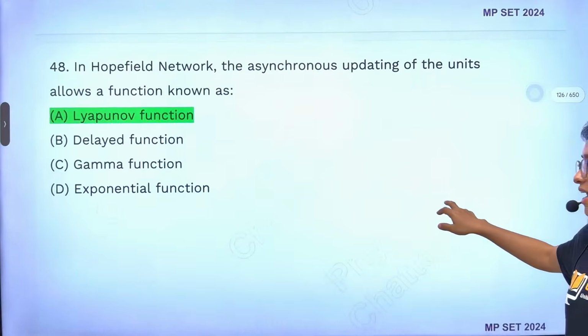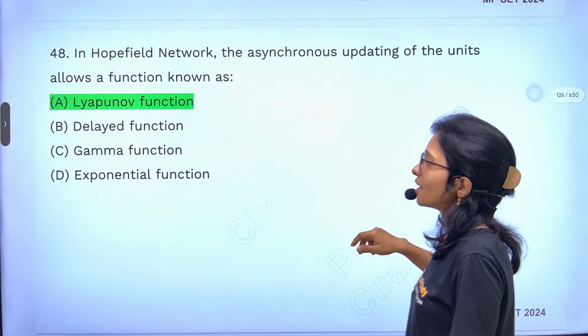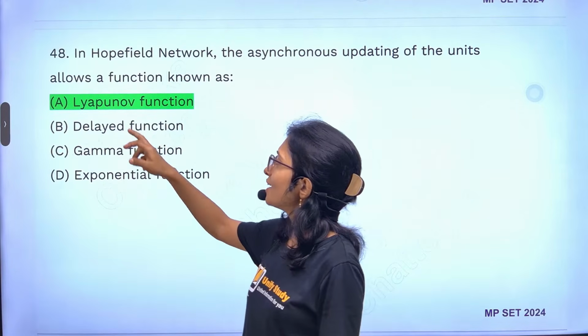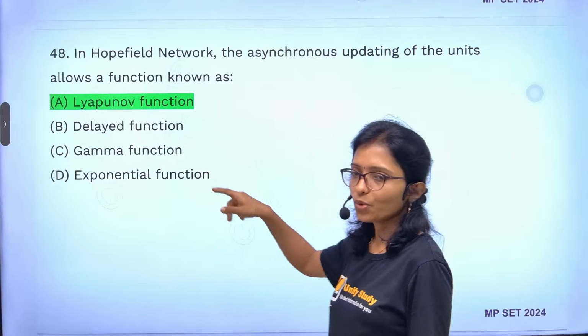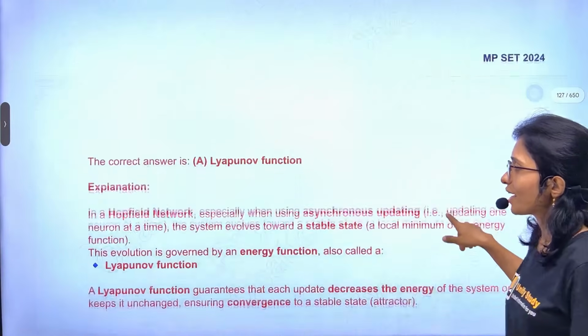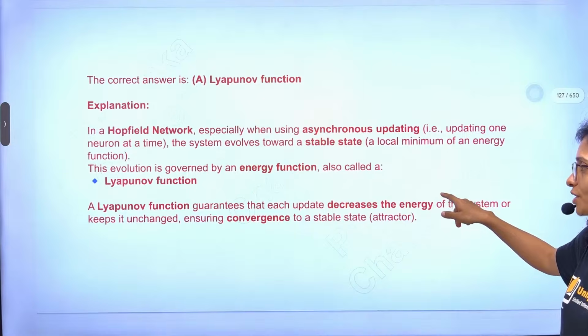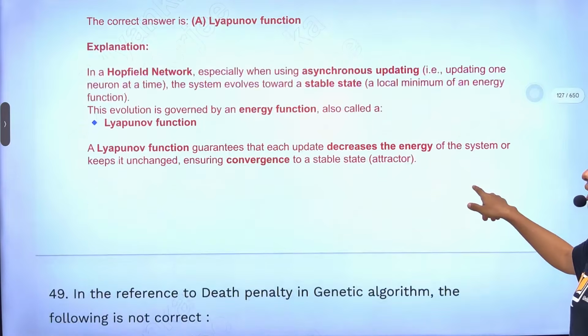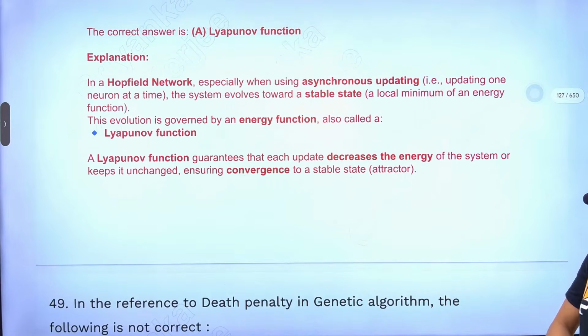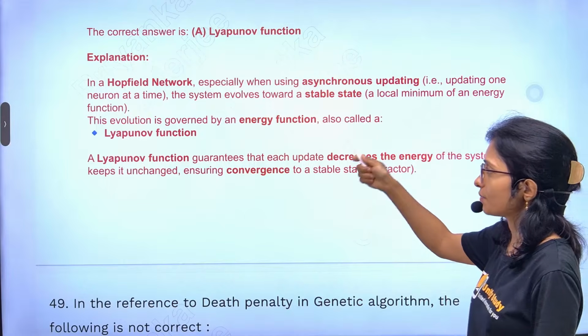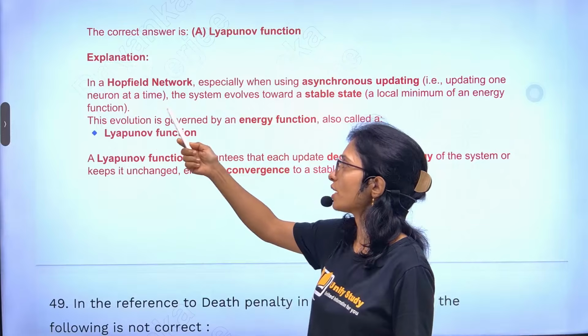This is known as the Lyapunov function. The Hopfield network, especially when using asynchronous updating, updates one neuron at a time.